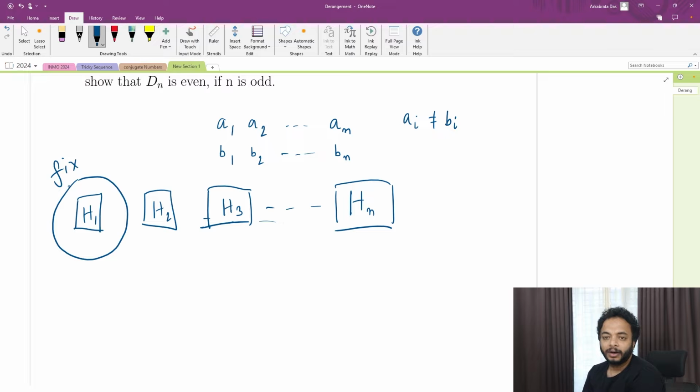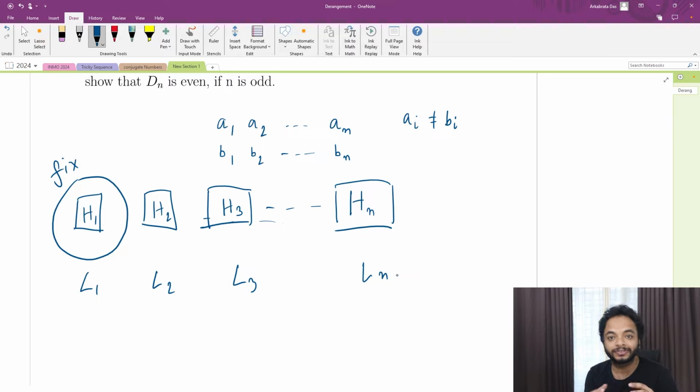Now why did we fix it? We are going to watch where the postman is posting the letter L1. Suppose house 1's corresponding letter is L1, house 2's is L2, house 3's is L3, and house n's is Ln. Now the letter L1 won't go to house 1 because the postman would post it at the wrong address.